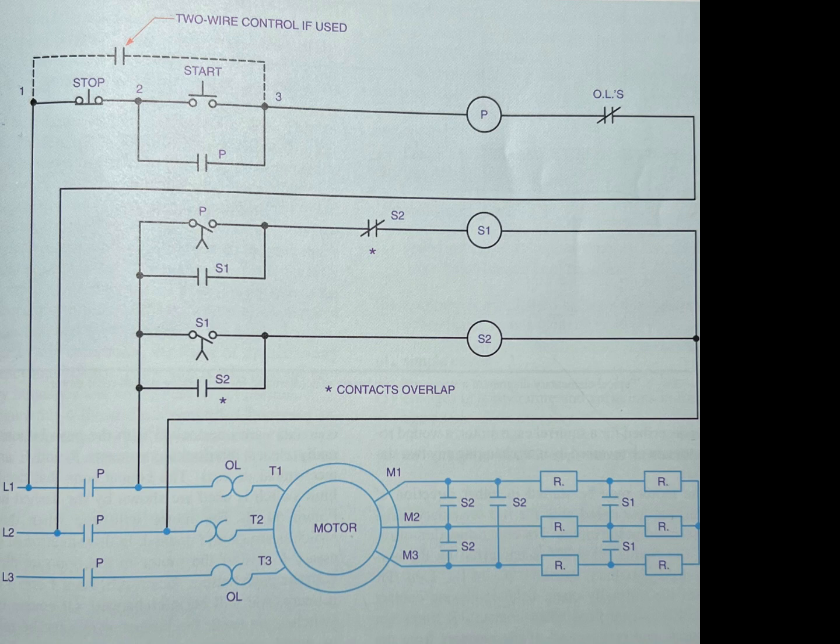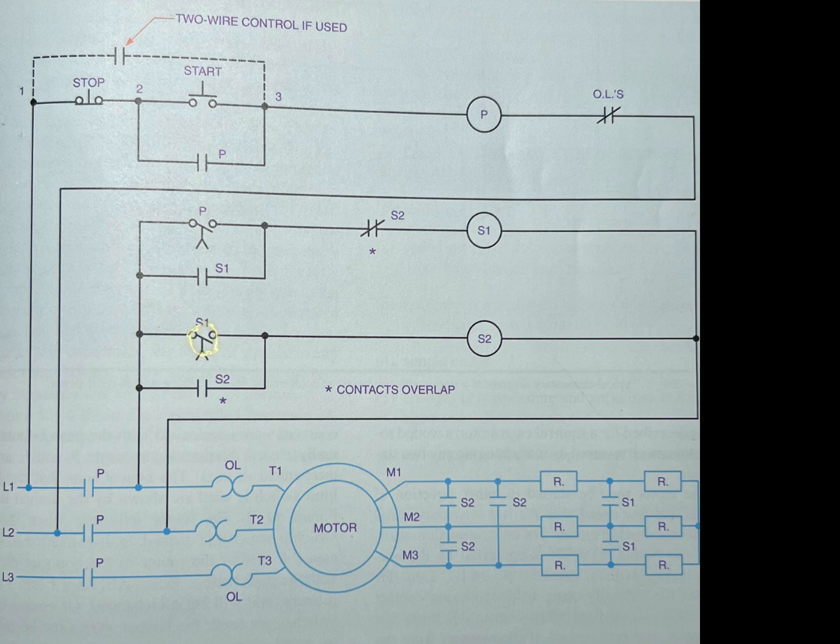The motor then is accelerated to its maximum speed. The normally closed interlock S2 opens the contactor S1 circuit. The closing of S2 is assured by staggered or overlapping controls, contacts S2.